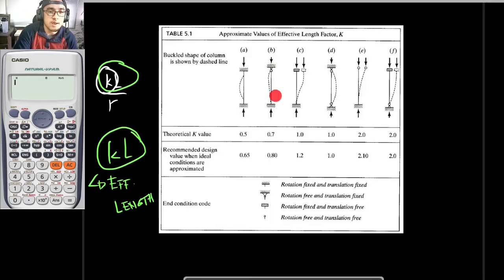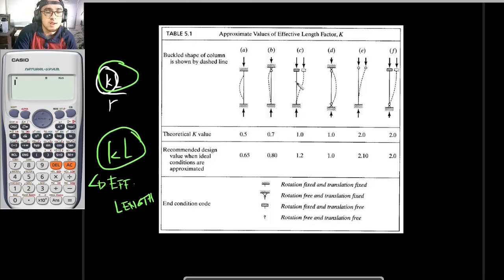And if this is to be the case, so if for example that your member is fixed on one side and in one side it is only pinned or naka-hinge lang siya, it would buckle this way and the effective length of this, of the buckling proper itself, is just to be 70%. Thus, 0.7 yung ating K value.